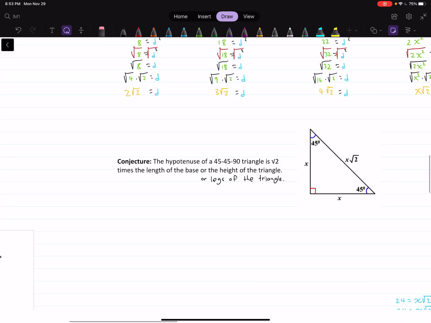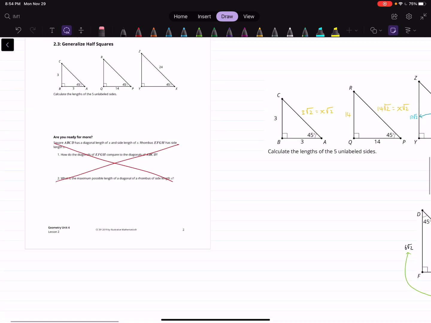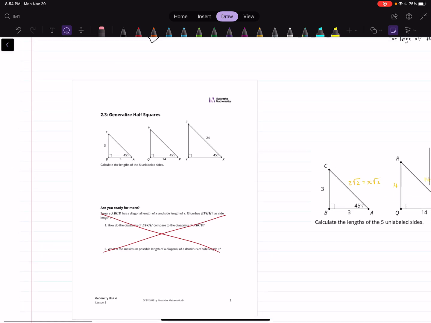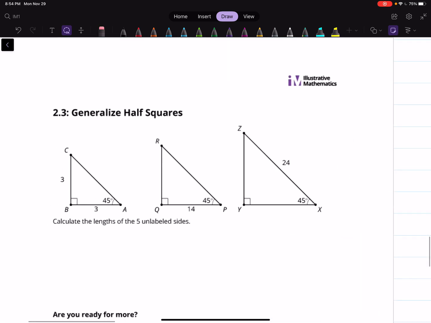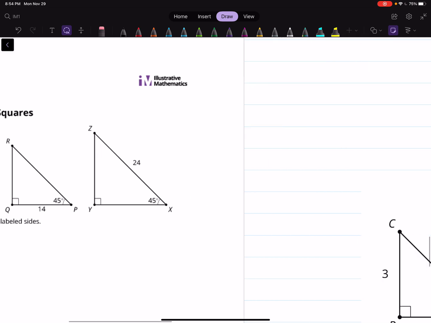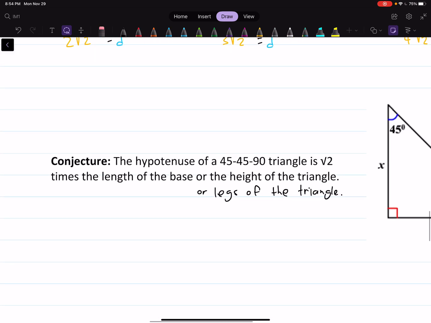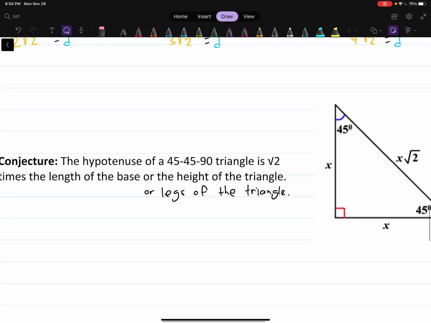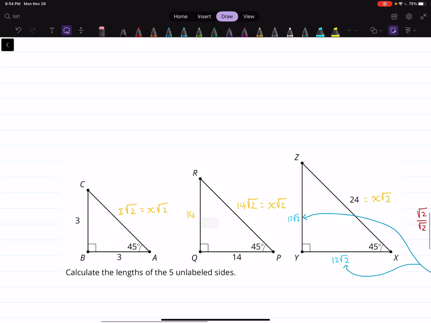All right, so now let's go ahead and do these problems. Now, we want to calculate all of these lengths, and this time I don't want you guys to use the Pythagorean theorem, but I want you to use the conjecture that we learned in order to solve these problems.